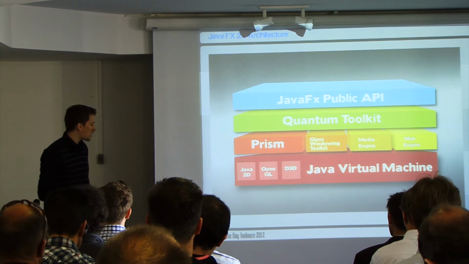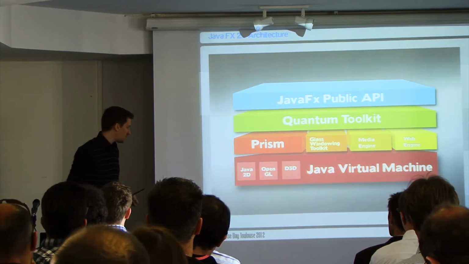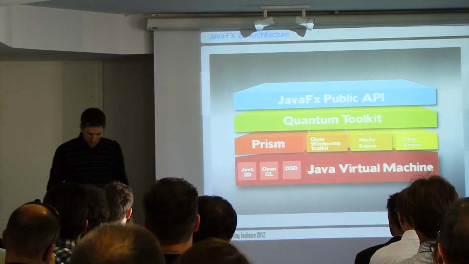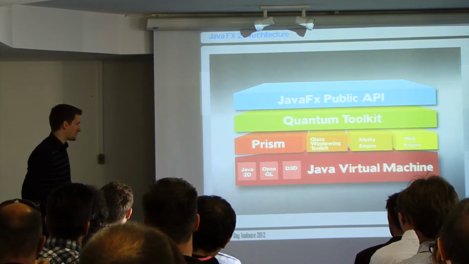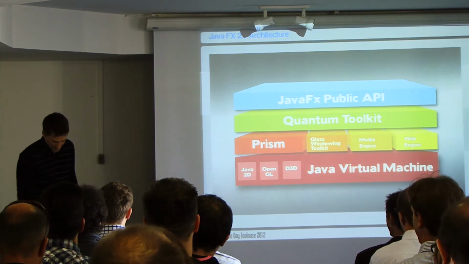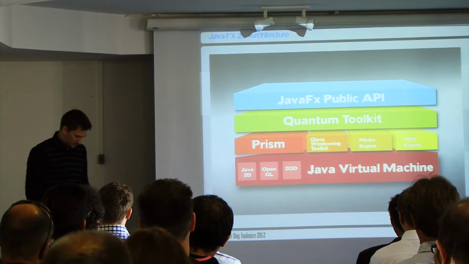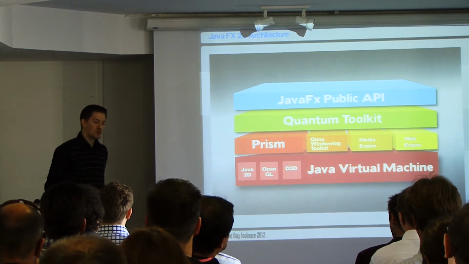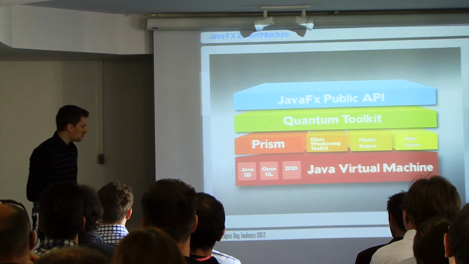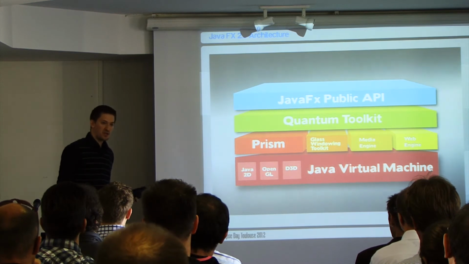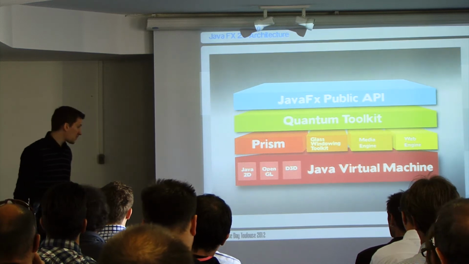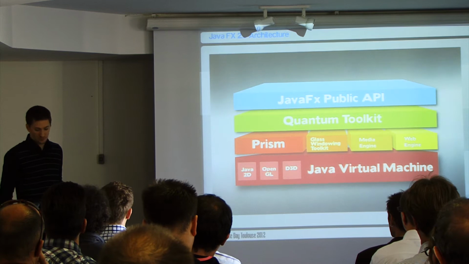The Prism engine relies on hardware acceleration and uses OpenGL and Direct3D if they are available. If they aren't, it uses Java 2D and we have poor performance. When you launch a JavaFX application, you create a lot of threads, and there are two main ones: the JavaFX application thread, which manages all user events, and the Prism render thread.